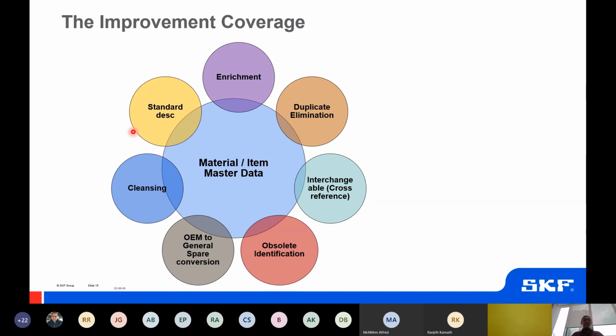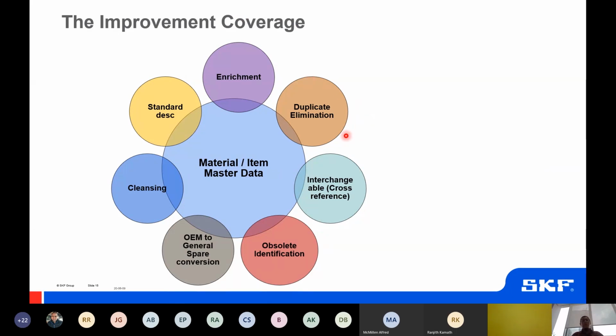So probably, let's say when you refer to a bearing, maybe a bearing ball or ball bearing, you standardize or unify the description. And then we go for the enrichment for the insufficient description for each item. By doing these three, we expect to eliminate any duplication within the organization.